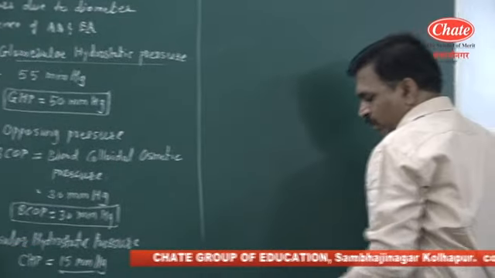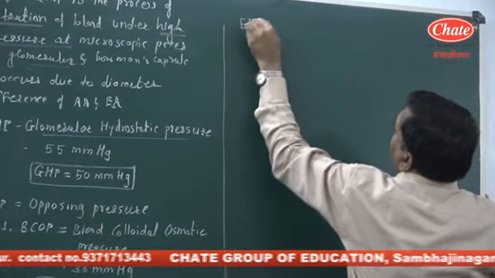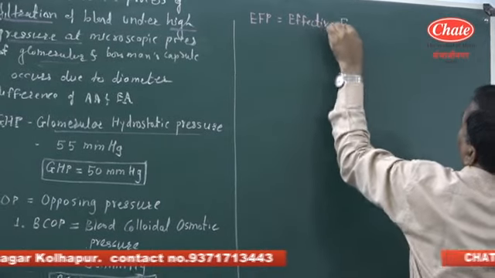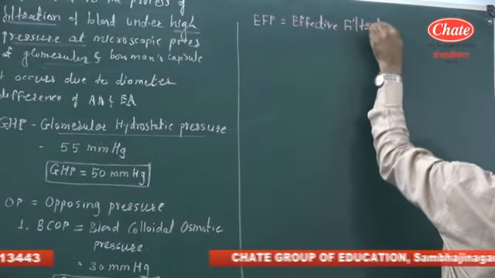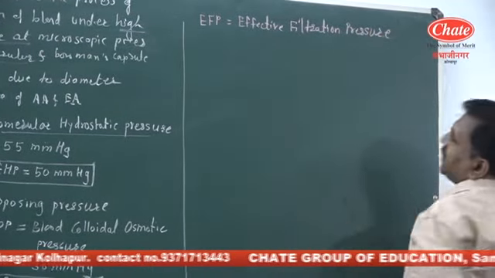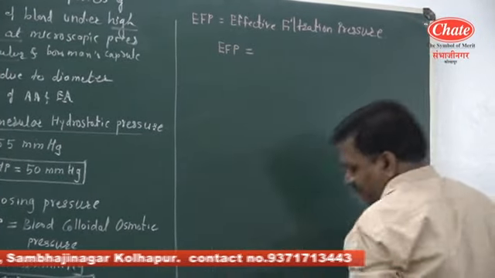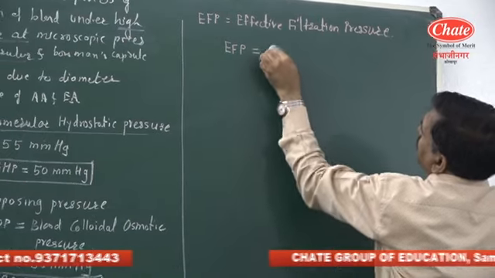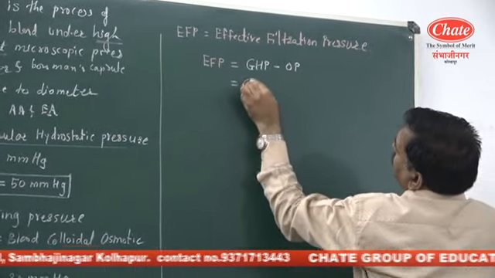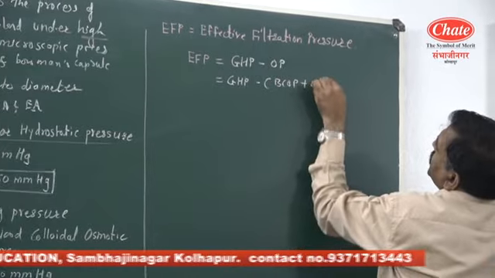And from this we want to focus on the EFP, meaning effective filtration pressure. Effective filtration pressure is calculated by GHP minus OP, so GHP minus BCOP plus CHP.